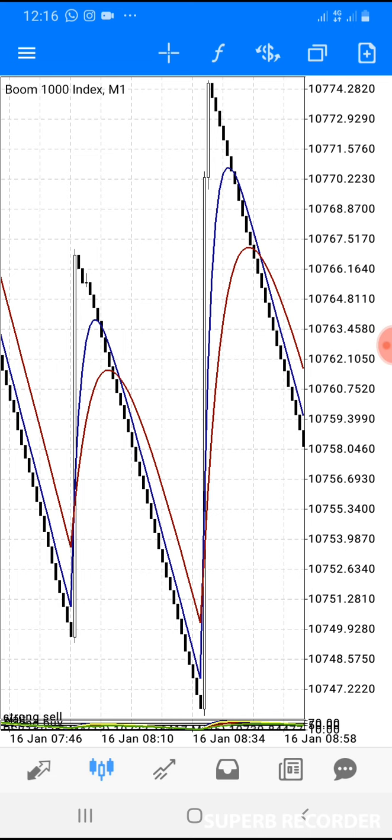And so if you have an account with $400 to $499, the lot size that you should use is 10 lot size. And the target profit on the 50 pips is $5. So you get your $5, you jump out, you repeat the process 10 times, you get your $50, and it's a good day for you. And if you have an account with $300 to $399, the lot size that you should use is 8, and your target profit will be $4 from the 50 pip fall on that candlestick.